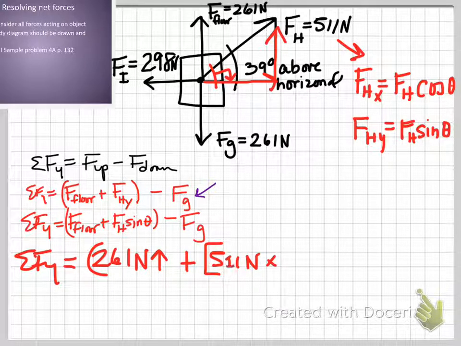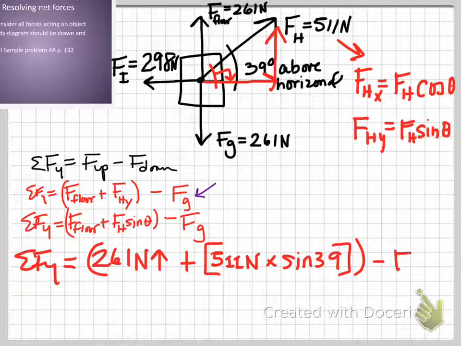Wow, and that looks too much like an S. 511 newtons times sine of 39 minus, and my force of gravity is also 261 newtons, and that's going to be down. And I'm going to make a note that that's up.